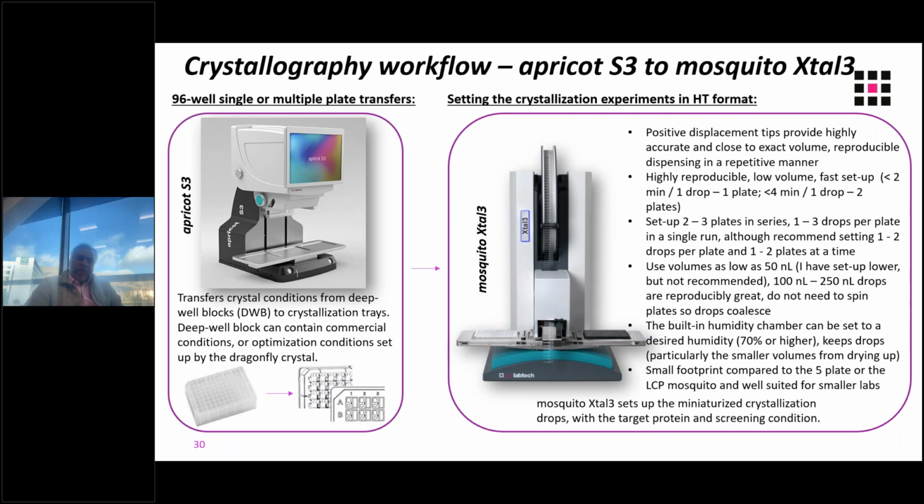But the other solution to that, which SPT LabTech and this Mosquito X3 and all other similar mosquitoes provide, is a built-in humidity chamber, which you can control to be set at a desired humidity level, so you can reduce static evaporation loss from these 100 to 250 nanoliter drops that you're setting up in these experiments.